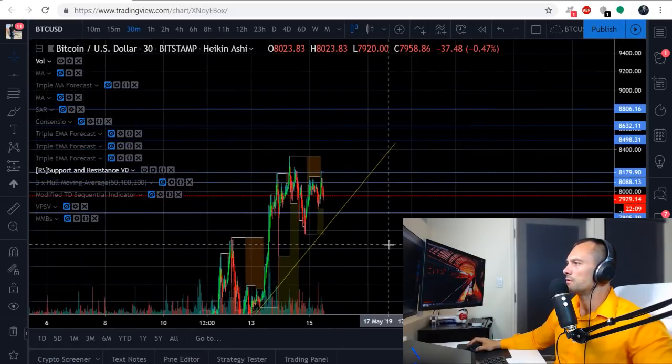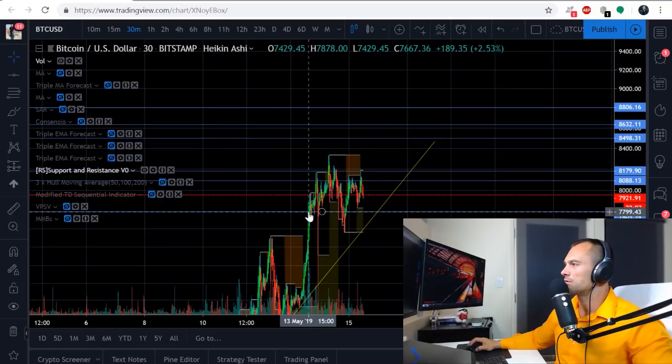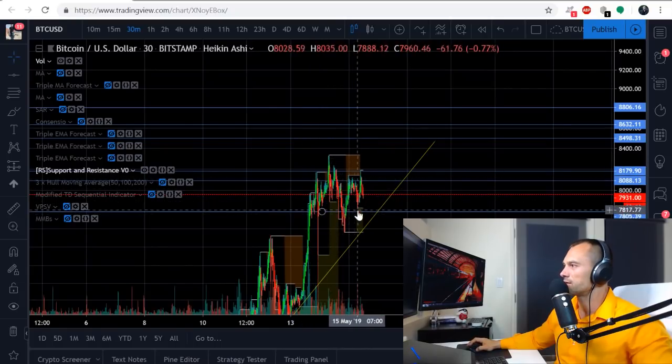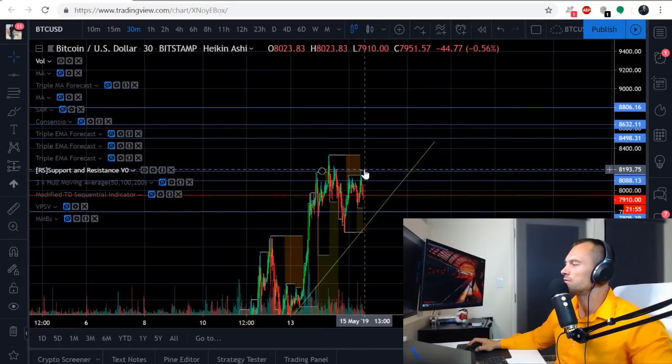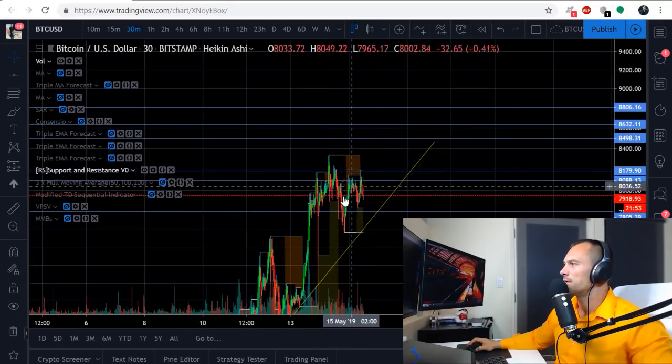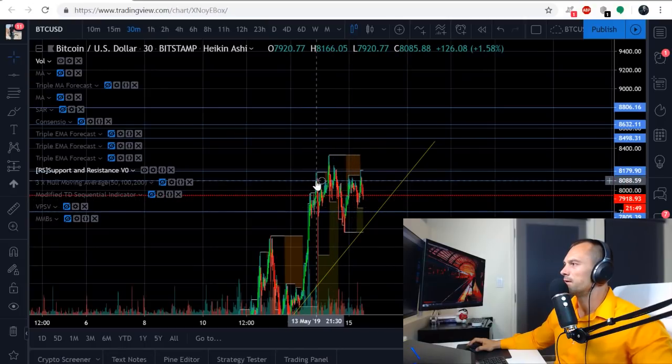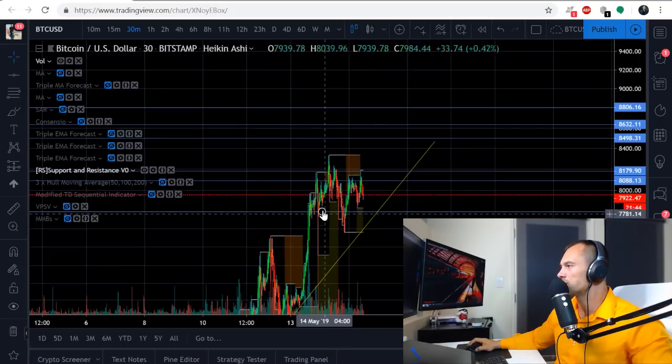But first of all, I want you to pay attention to how well it respected those targets. Look at it. It just moved right in between, and this was significant on 3 occasions. 1, 2, 3. Look, this price went up, and this retracement was also significant.